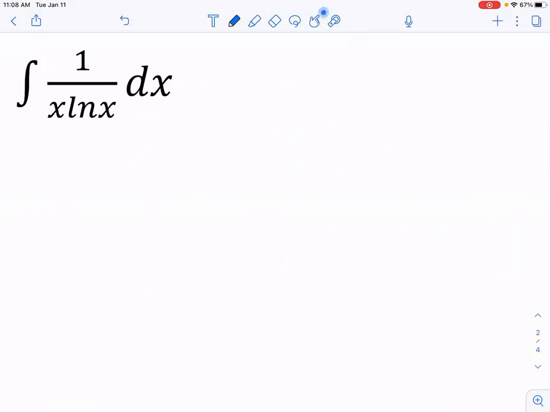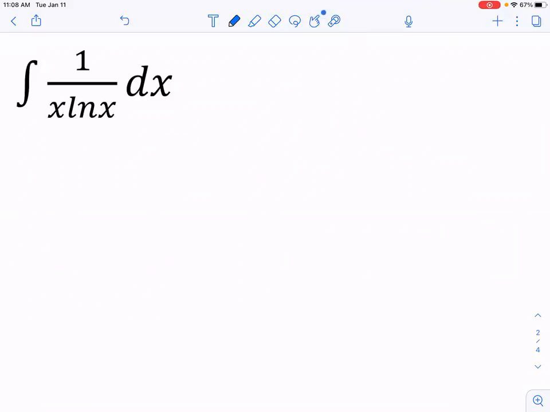First of all, we've got a couple of things going on. If you're trying to do any sort of rewriting, the x could come upstairs as an x to the -1, but the natural log really complicates everything. Now, you all know that 1 over x and natural log of x have some sort of relationship.